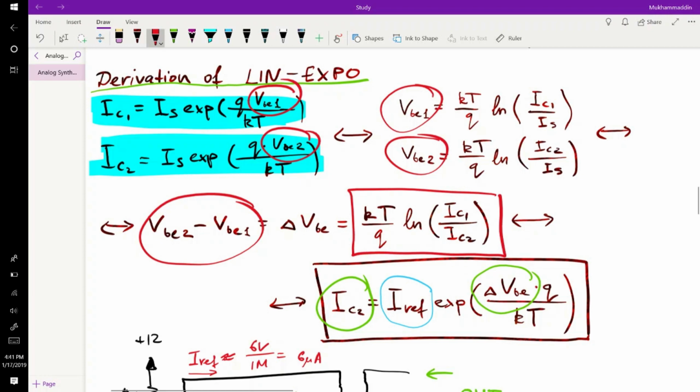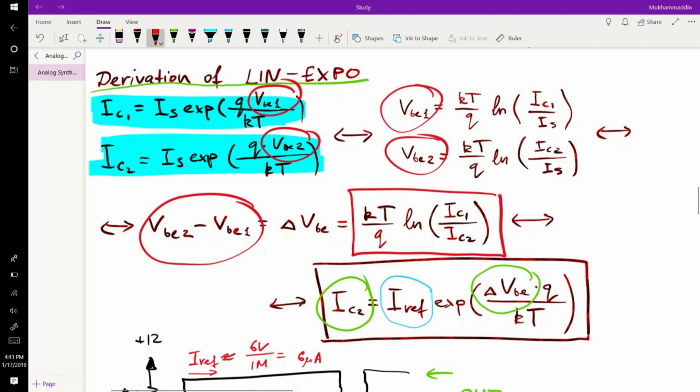Notice something important. Your IS parameter disappeared. Why? Because you have logarithms, you subtract the two logarithms, and when you subtract logarithms, they cancel out. So you have IC1 over IC2 instead of having IC1 over IS and then having IC2 over IS.